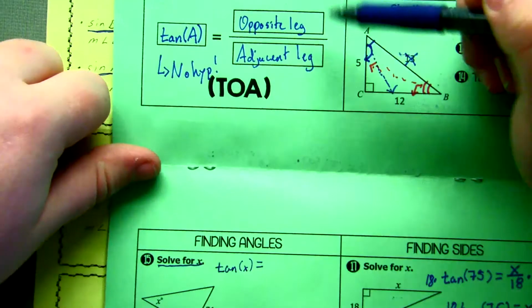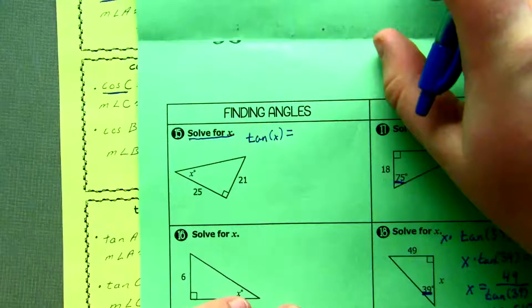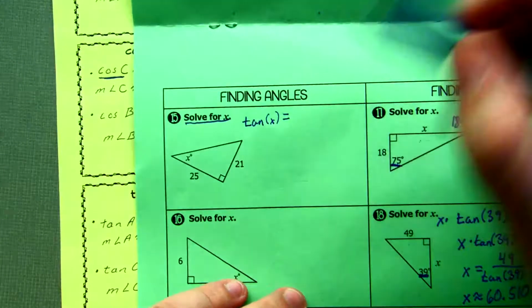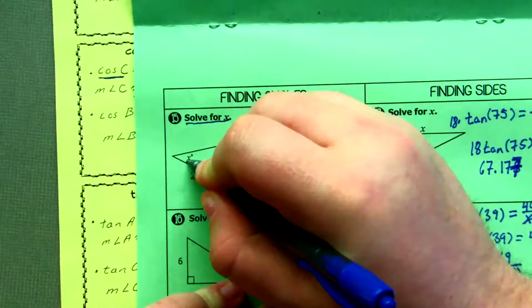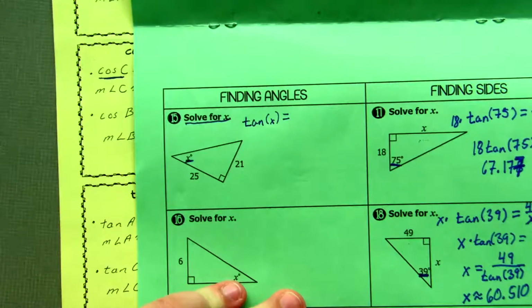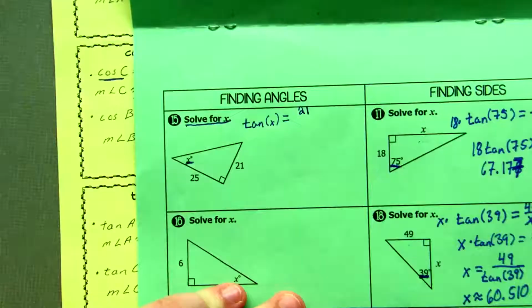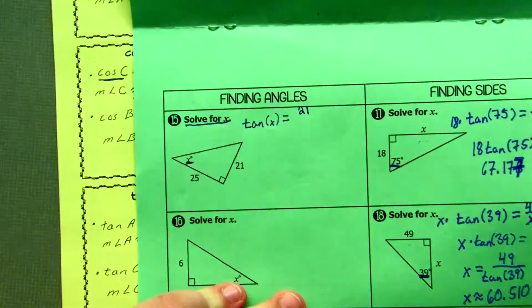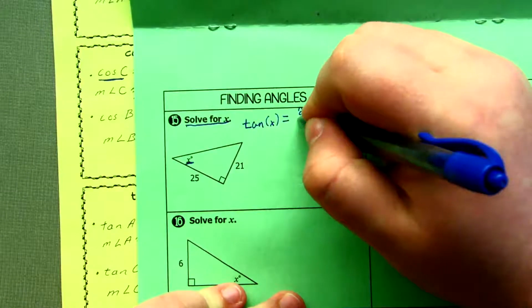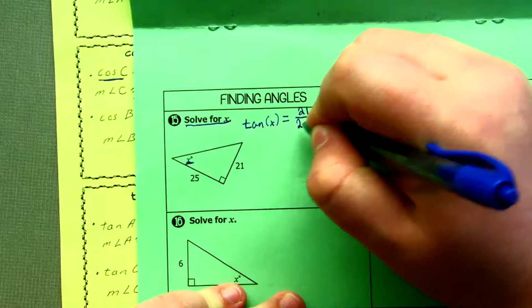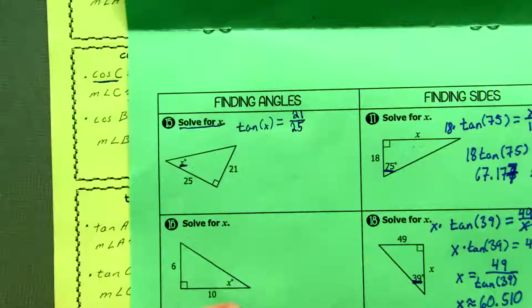So if we look at our diagram, we look at our x and we say, which leg is opposite? That would be our 21. And then we look down below and we say, gotcha, 25 is adjacent. So our ratio is 21 over 25.